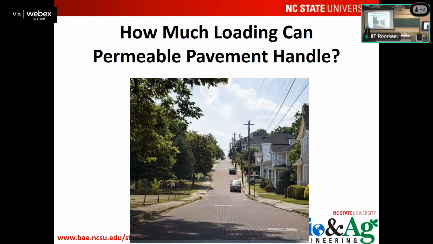Strength of the aggregate. Okay. So, how strong is the aggregate? And we're just going to stop at aggregate. 5 factors.